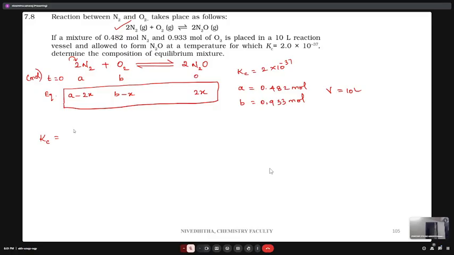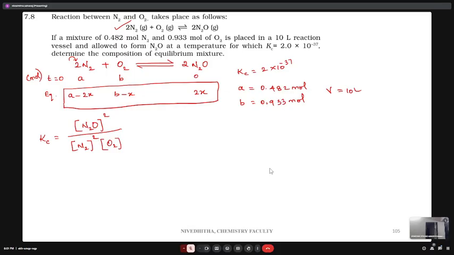Yes, the product is nitrous oxide. So Kc is the concentration of N2O power 2 divided by the concentration of N2 power 2 into the concentration of O2 at equilibrium.